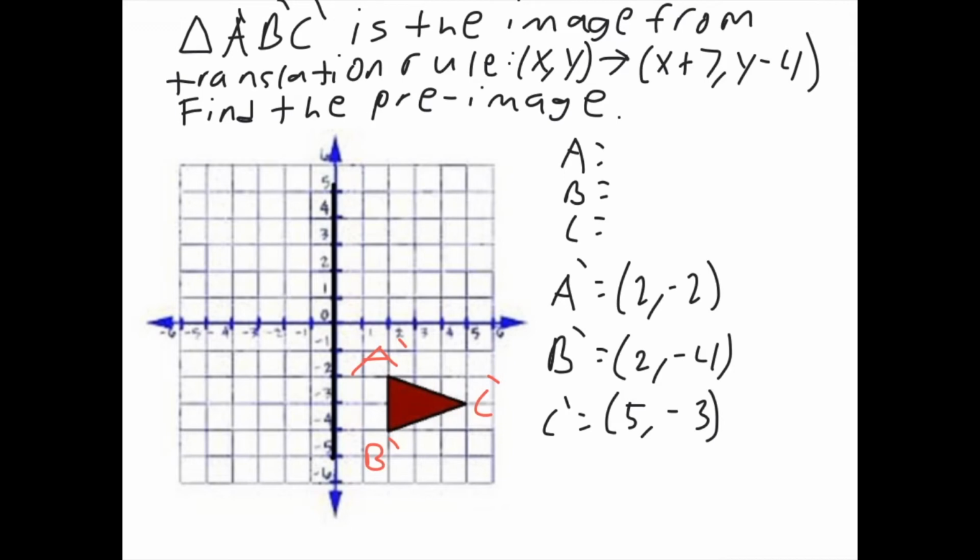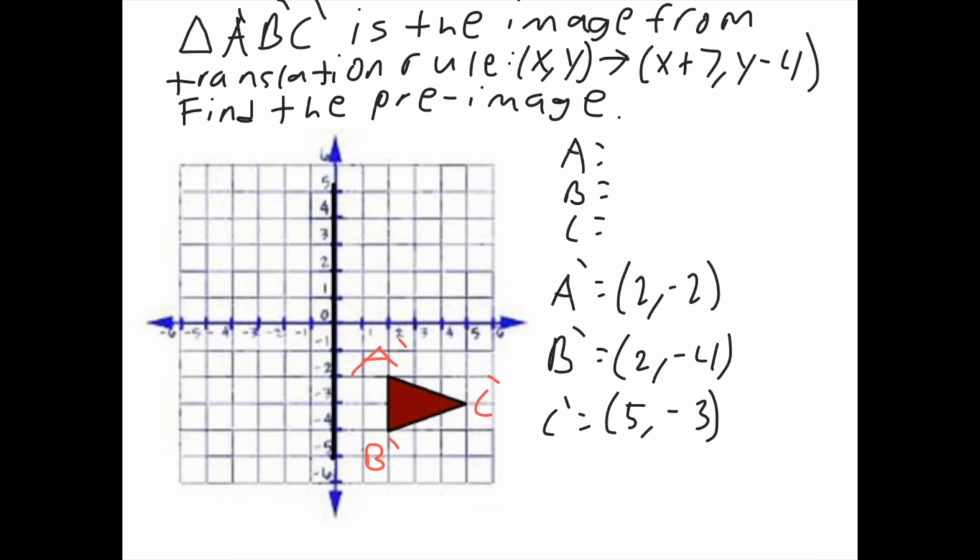So the translation was to add 7 to the x-coordinate of the pre-image to get the image. So if we look here, A prime, its x-coordinate was 2. So if we do the opposite and subtract 7, we'll find out what 7 was added to.